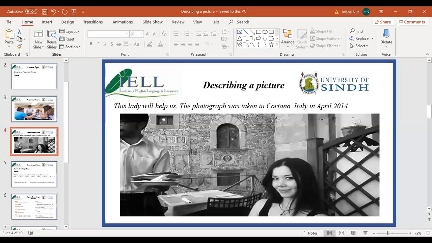Except that it is taken in April, and except that it was taken in Italy in 2014, can you give me some evidence from the photograph? Yes, her clothes are half-sleeved. Exactly. She is wearing summer clothes. Kainat, you are very good. Yes, you are doing great. She's wearing summer clothes. What else?